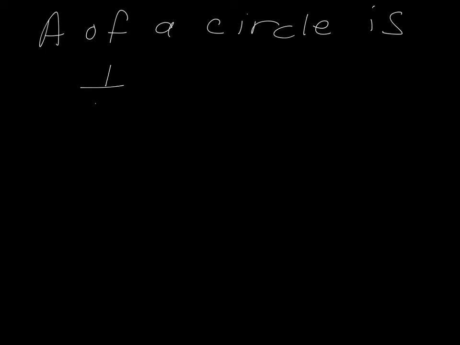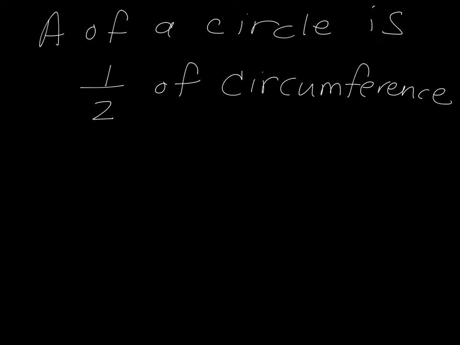So if area of a circle is half of circumference times the radius, that means that if we put it into a proper formula without words, that would mean area equals half of the circumference, right?